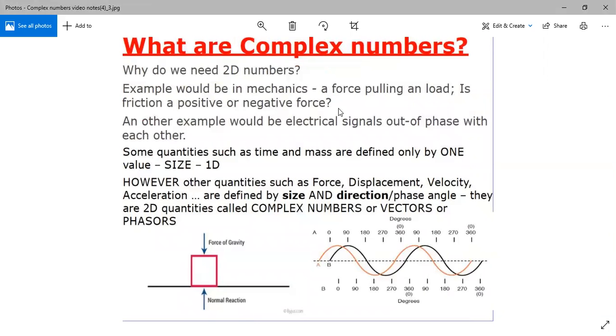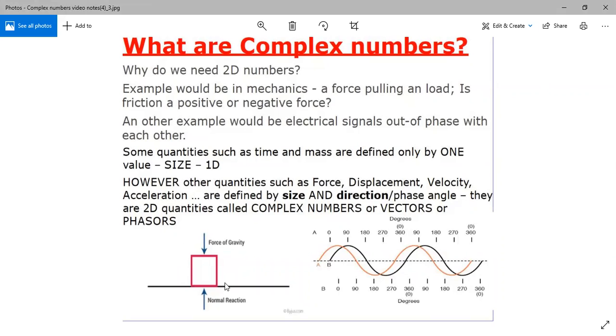Why do we need 2D numbers? The reason we need them is some quantities need to be described with both size and direction or phase angle. So for example, in mechanics, forces can be at an angle, so they've not only got size, they've also got direction.